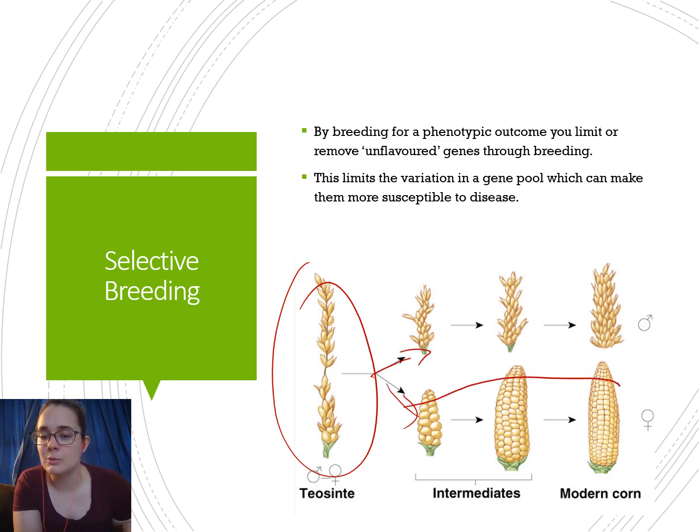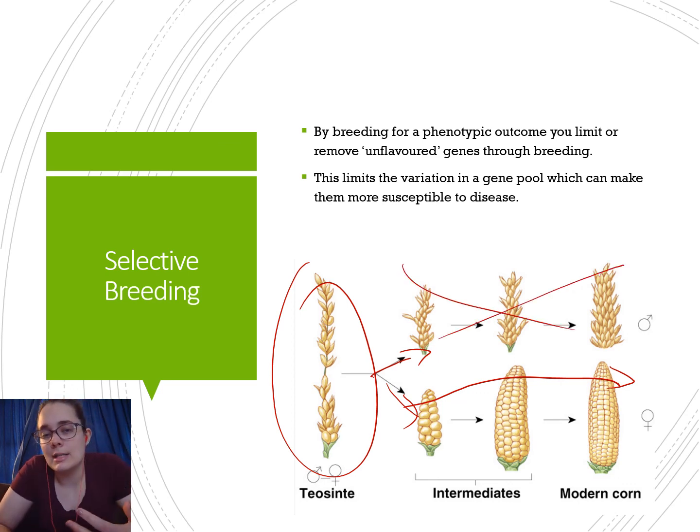So what we've done is we've bred the bottom line of the corn that we were looking at, those that were creating the larger corn kernels so that we were able to get more product from it, while not breeding the top ones where we're not quite getting as much product as what we had previously. So we're looking at not necessarily manipulating their genes, which is what we were talking about in the last topics we were covering, rather favoring a particular phenotypic outcome.